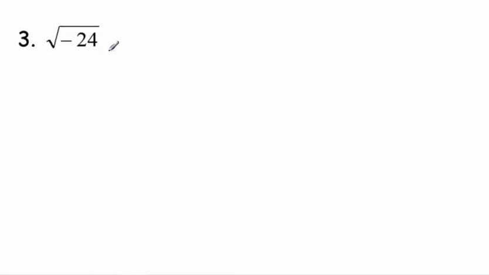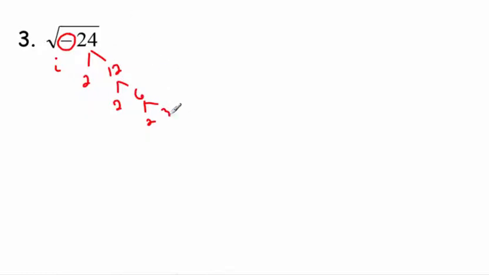Last example, I have to simplify this square root because this is not a perfect square. So I'm going to do a couple different things. Number one, this negative right here is going to tell me that I have to throw in an i, and then I'm going to break down 24. So that's 2 and 12, that's 2 and 6, and that's 2 and 3.